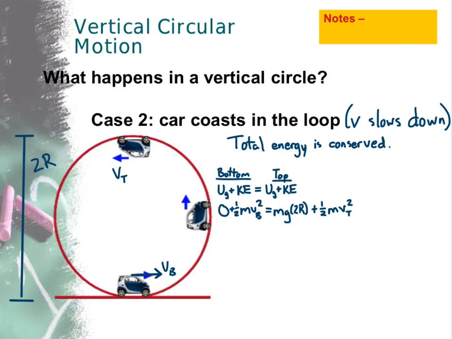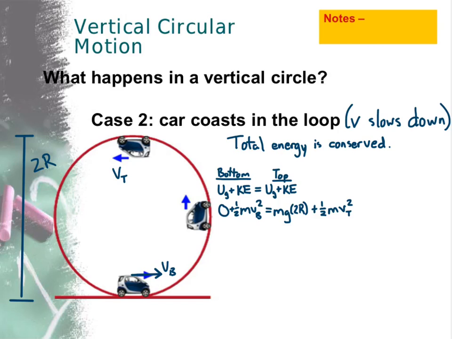When we used to deal with problems where we were throwing a ball up, at the top we would always say, oh, well, the vertical velocity equals 0. But at the top of the loop, the car still has a velocity, so it still has a kinetic energy. So be mindful of that when you're solving problems like this.